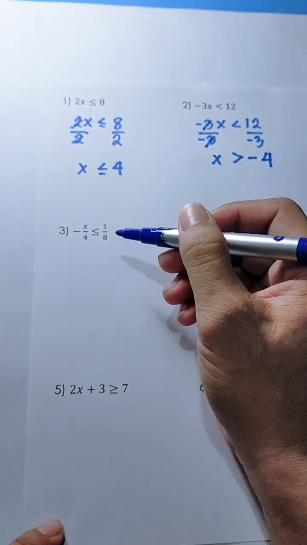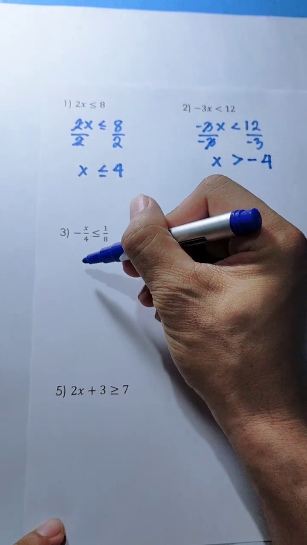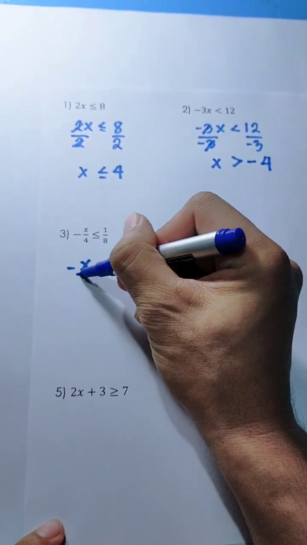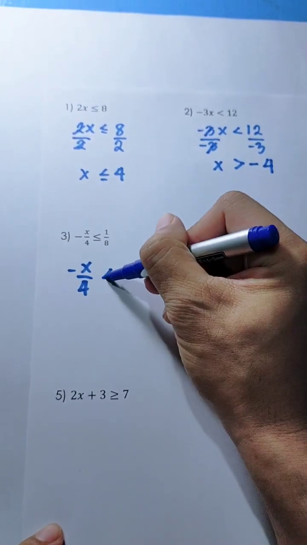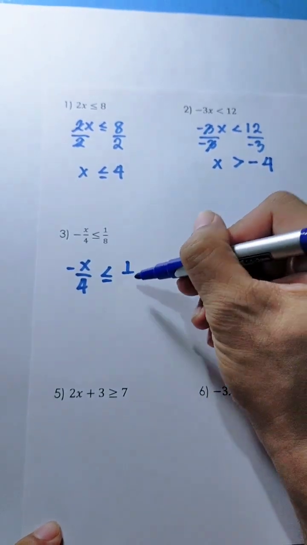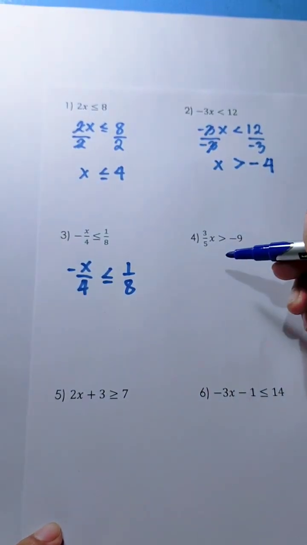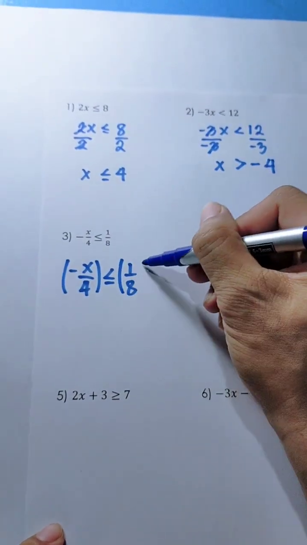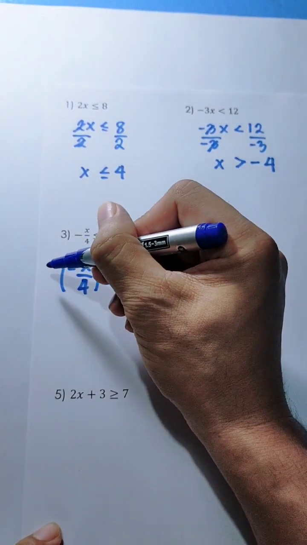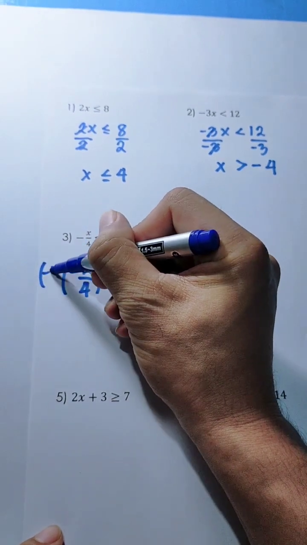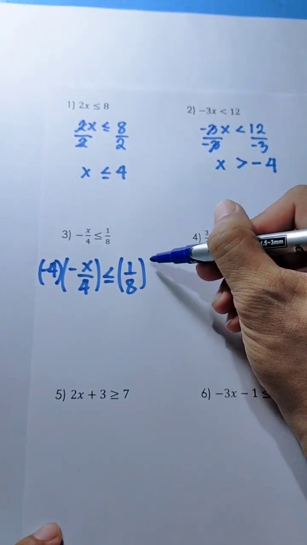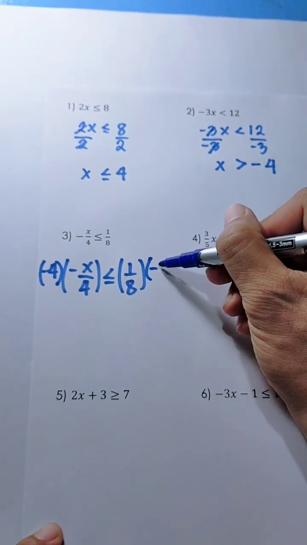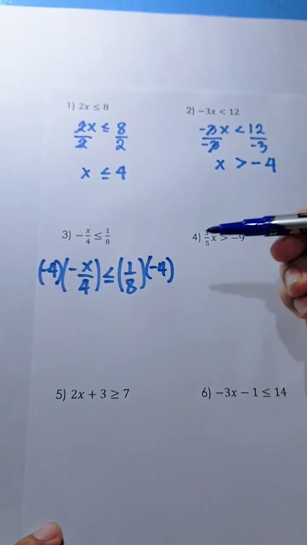Number 3. Here, we multiply both sides by negative 4. The other side, negative 4.